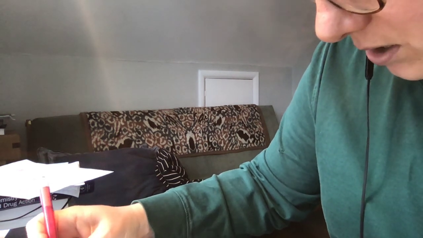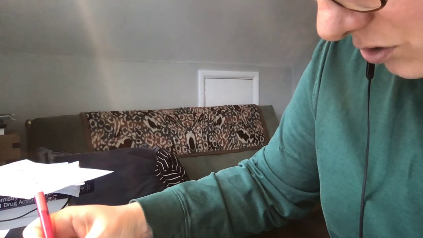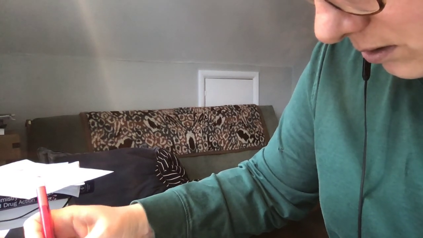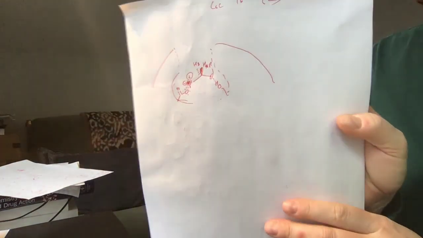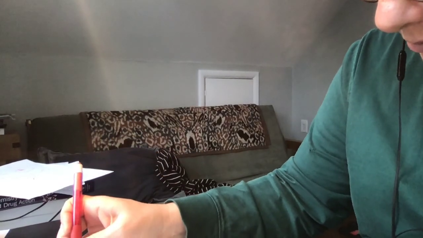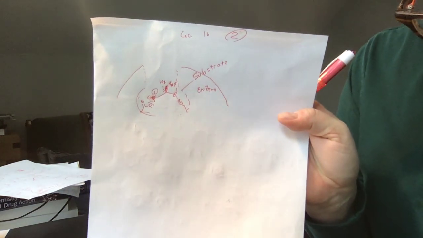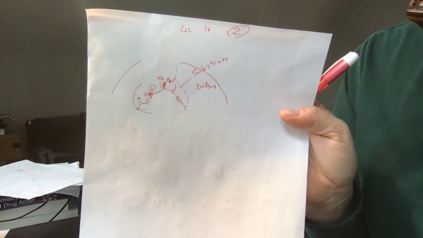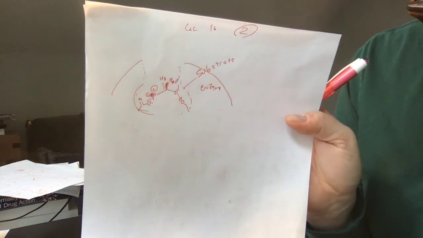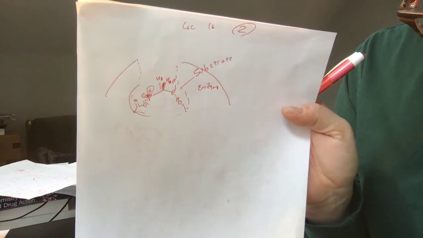We're going to have HA and HB. Okay, so now you see what I did there? I have the enzyme, I have the substrate, and now I drew in an ionic bond on the left and an H bond on the right, and I have the substrate now in the enzyme active site.